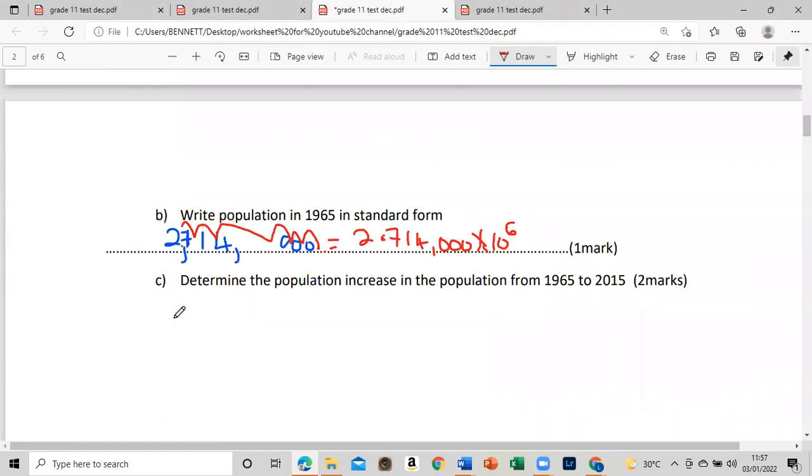So it's 3,663,900. Let me just use the calculator. I'm going to show you guys step 17. So we have to subtract this, right? But we need to know the difference between the population.